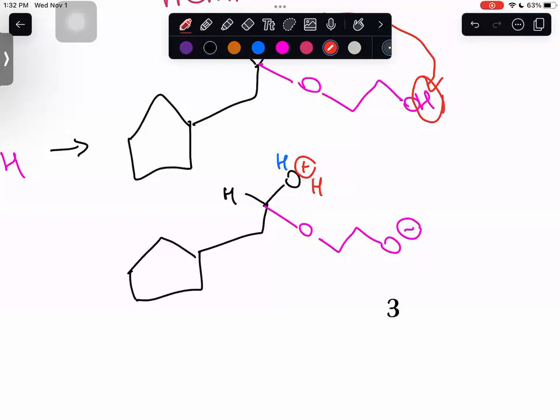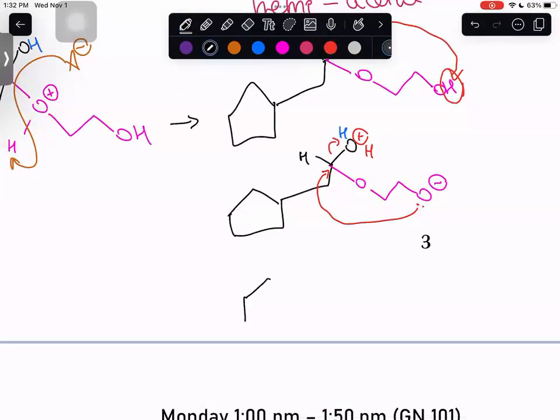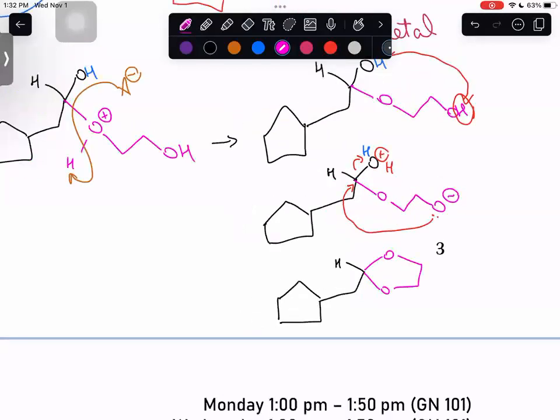Now, same process. Your oxygen is going to attack your carbonyl. Nucleophilic attack, it gets connected there. And then, to not break the octets, we get out the water, which is going to be our leaving group. And there we go.